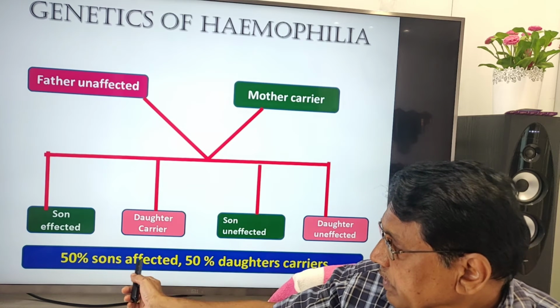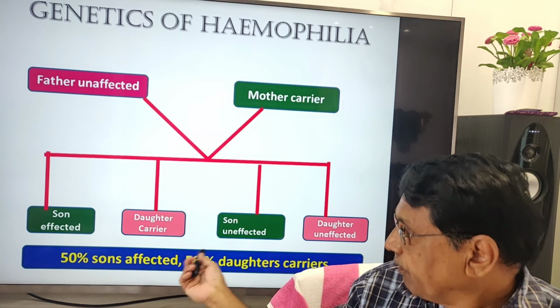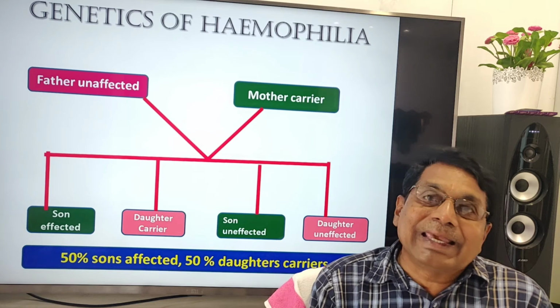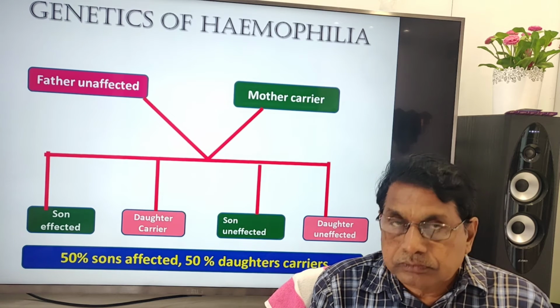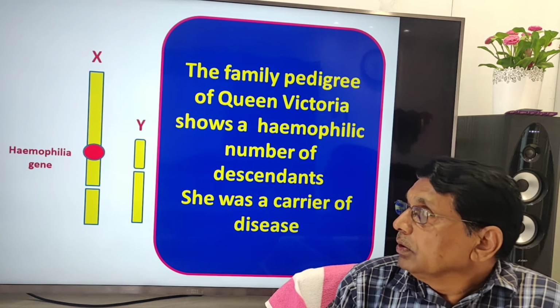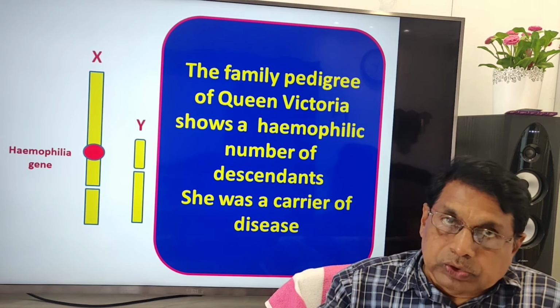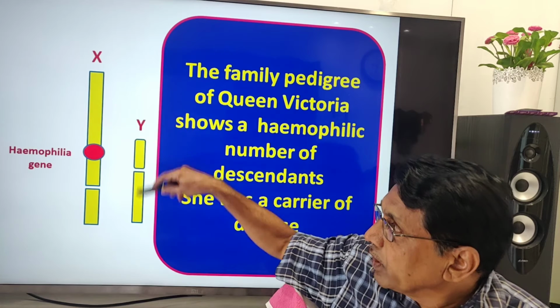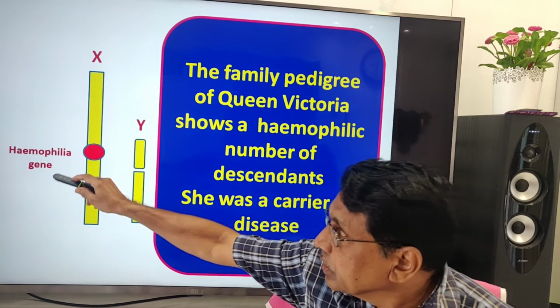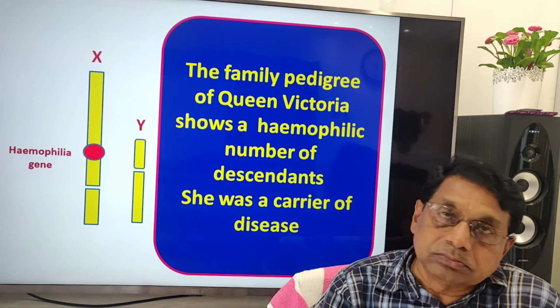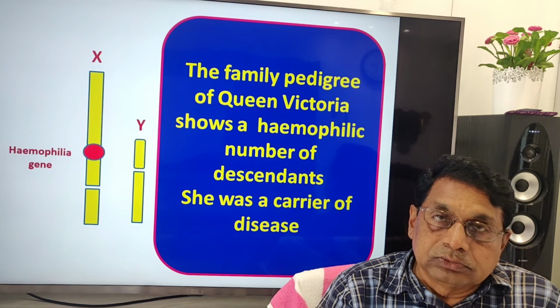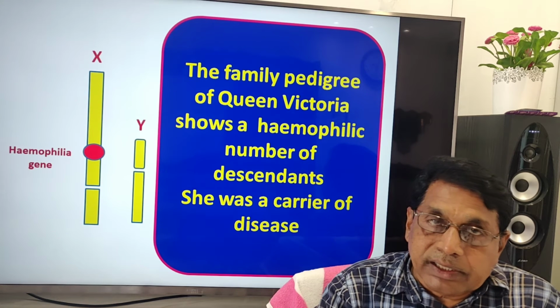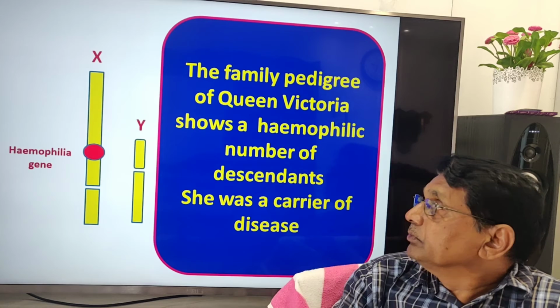That means 50% of sons affected, 50% of daughters carriers. This shows that in males, the haemophilia gene is on the X chromosome. The Y chromosome doesn't carry the haemophilia gene.